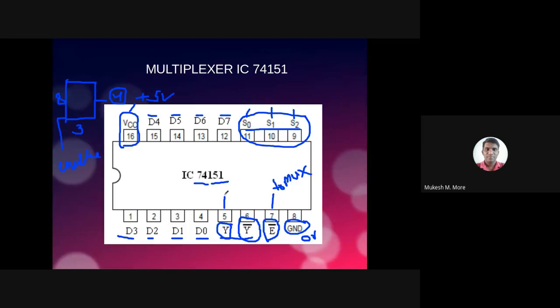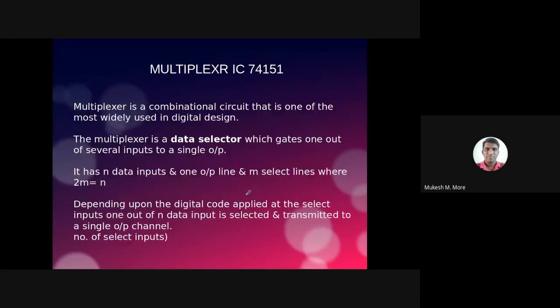At pin number 5 we get the output, and at pin number 6 we get the complementary output. So this is the pin description of IC 74151. The next part is the details about IC number 74151. As you know, it is a combinational circuit.